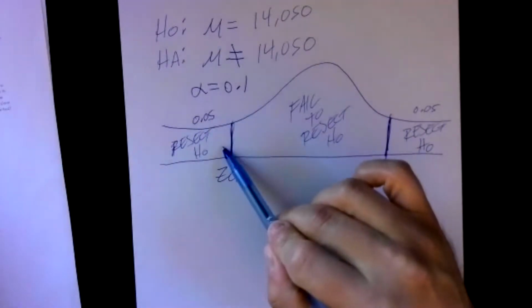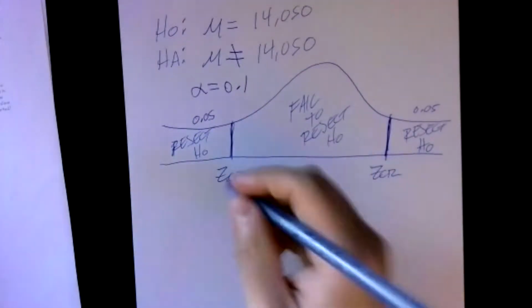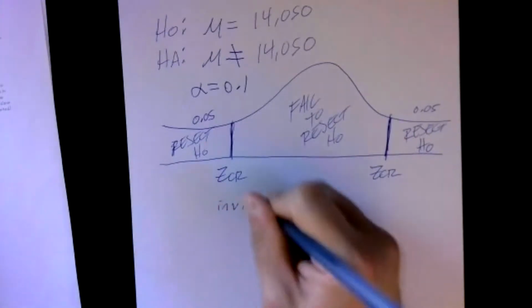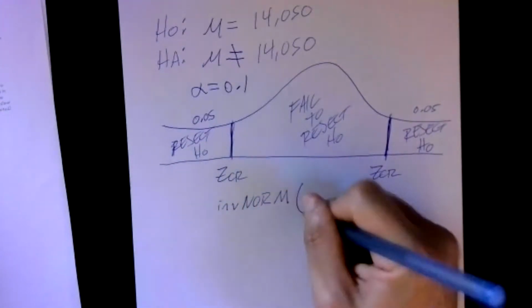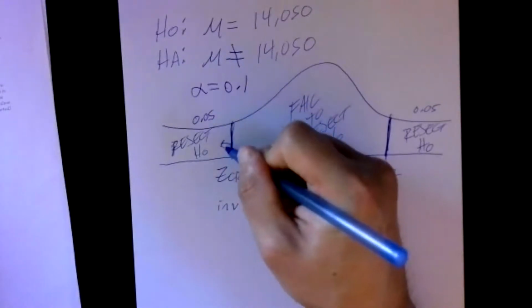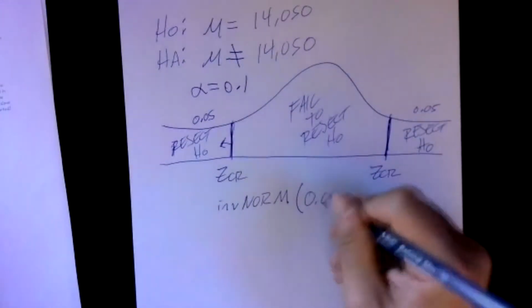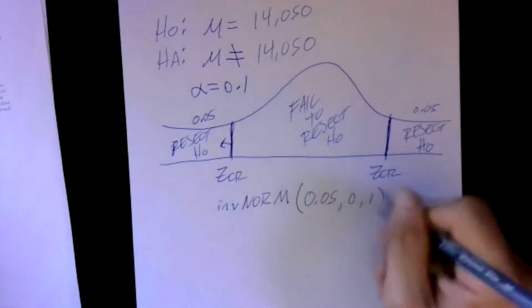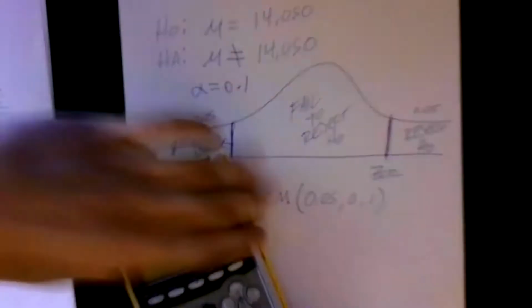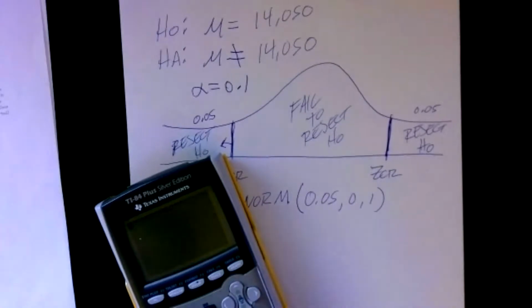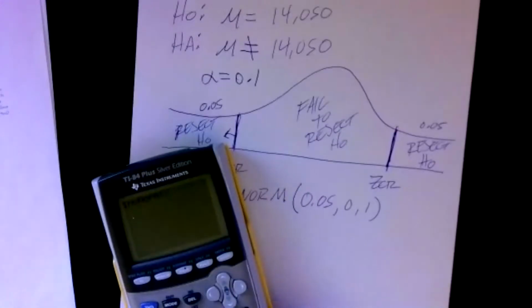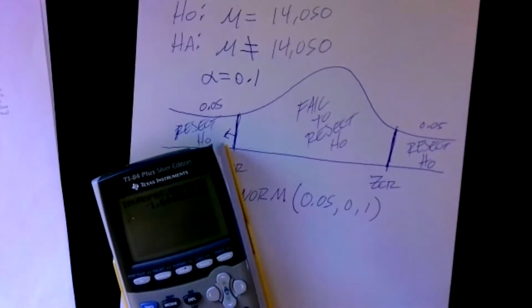And now that we know the area in one tail, we can find the z critical value. Using the inverse norm function, the area to the left of this spot is 0.05, negative 1.64.